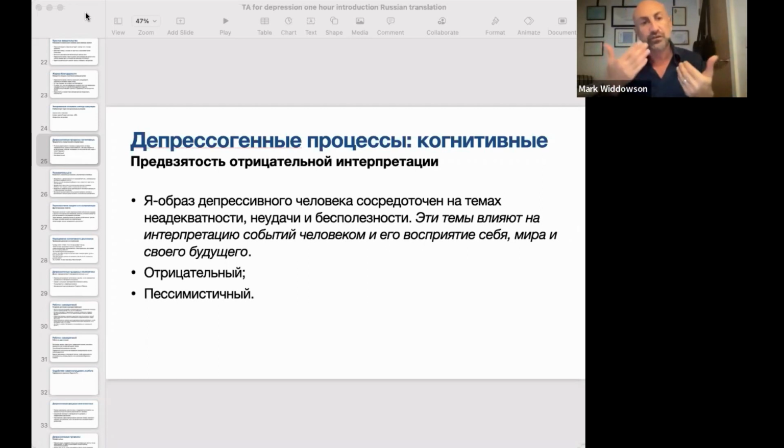Now, this poses a little bit of a challenge for us as therapists, because it's very typical for us to empathize with the client's position, which of course we need to do. However, we also need to be prepared to help the client expand the way that they're perceiving things and move to a more balanced position, because, in everyday life, very rarely are things all bad or all good.